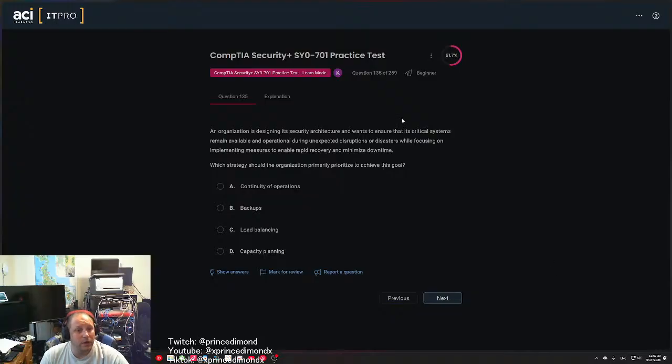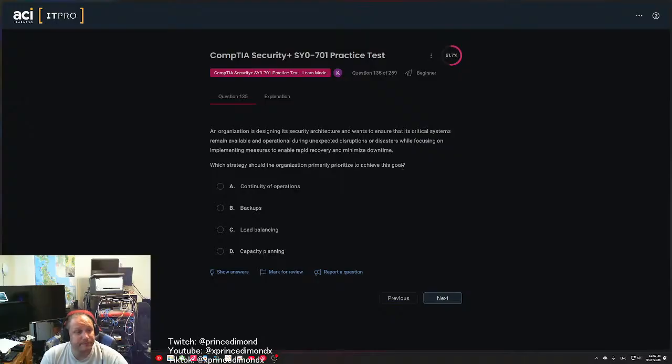All right. An organization is designing its security architecture and wants to ensure that its critical systems remain available and operational during unexpected disruptions or disasters while focusing on implementing measures to enable rapid recovery and minimize downtime. Which strategy should the organization primarily prioritize to achieve this goal?